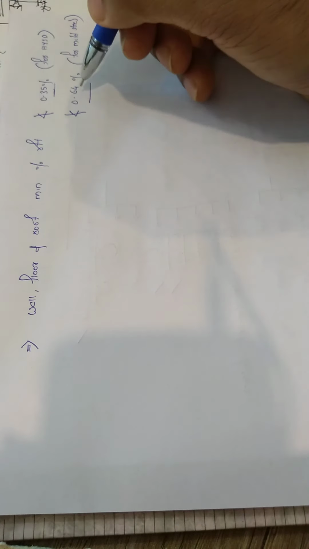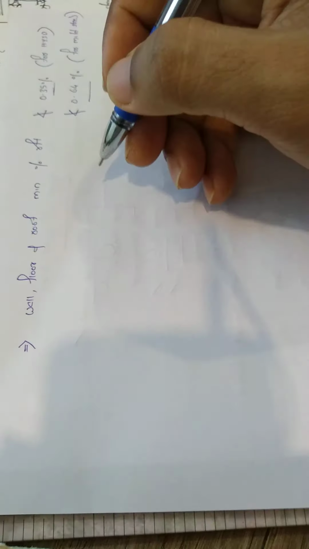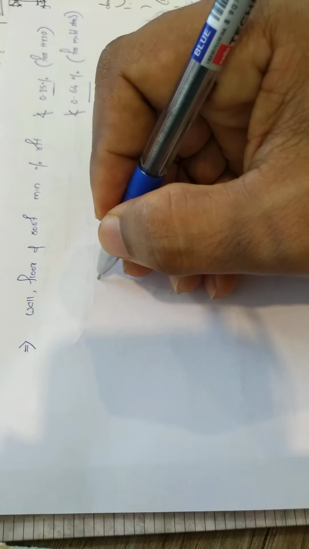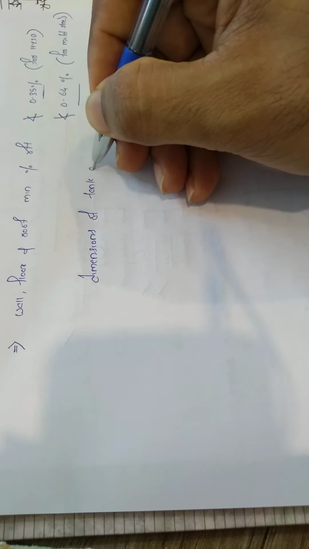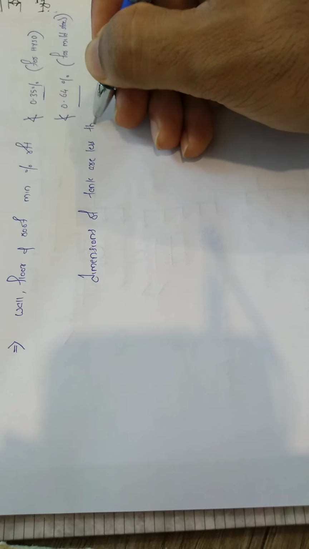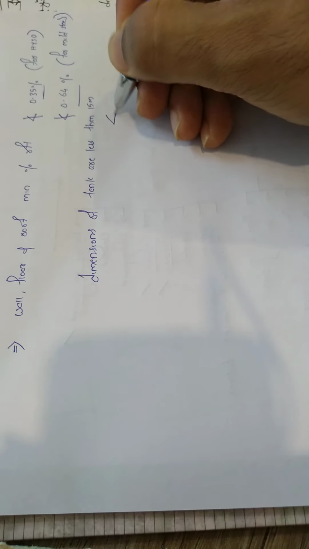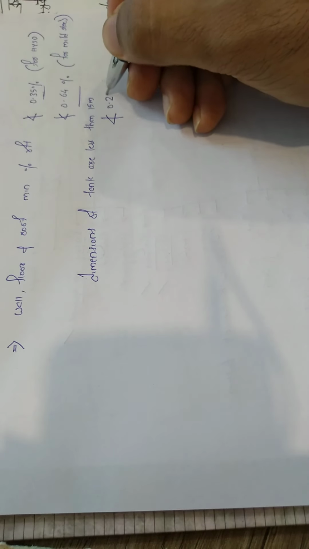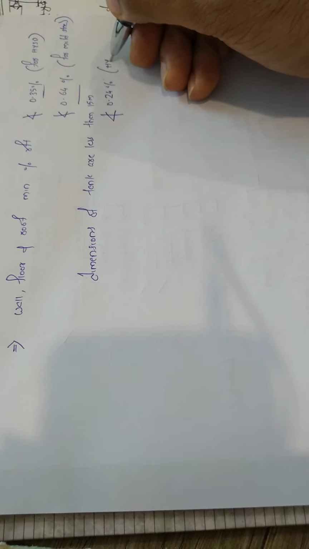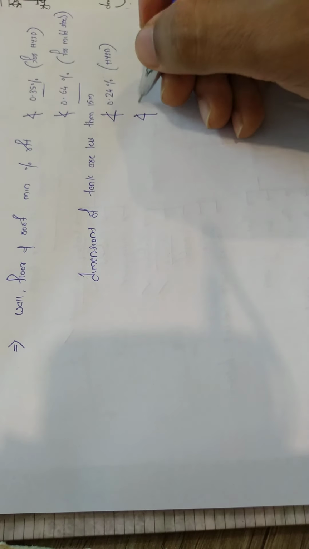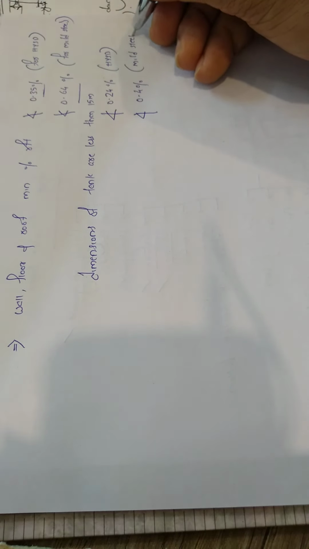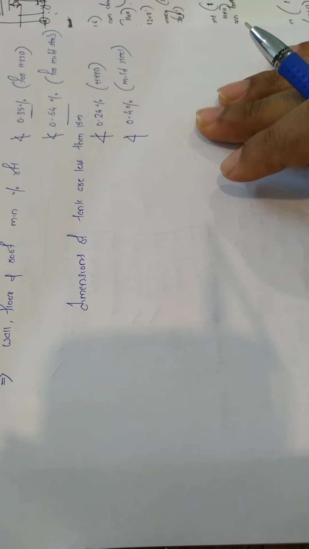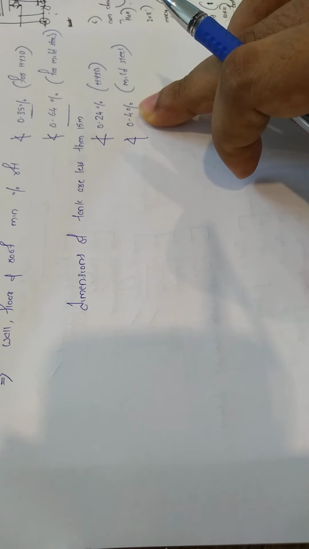So this percentage can be further reduced if the dimensions of the tank are less than 15 meter, then it should not be less than 0.24% for HYST, and it should not be less than 0.4% for MyST. Okay, so this 0.35% and 0.64% can be further reduced to 0.24% and 0.4%.